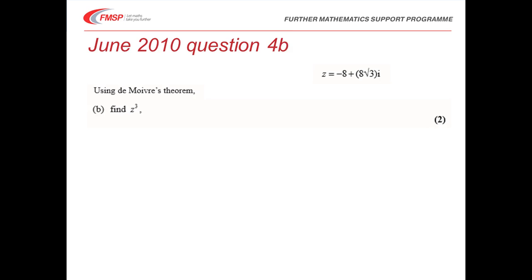So in this part of the question we need to find z cubed, and it's very helpful to start off with the modulus argument form that we've just found in part A. Now when I look for z cubed and I raise this complex number to the power 3, I am able to use de Moivre's theorem to produce a quick, efficient solution for z cubed.